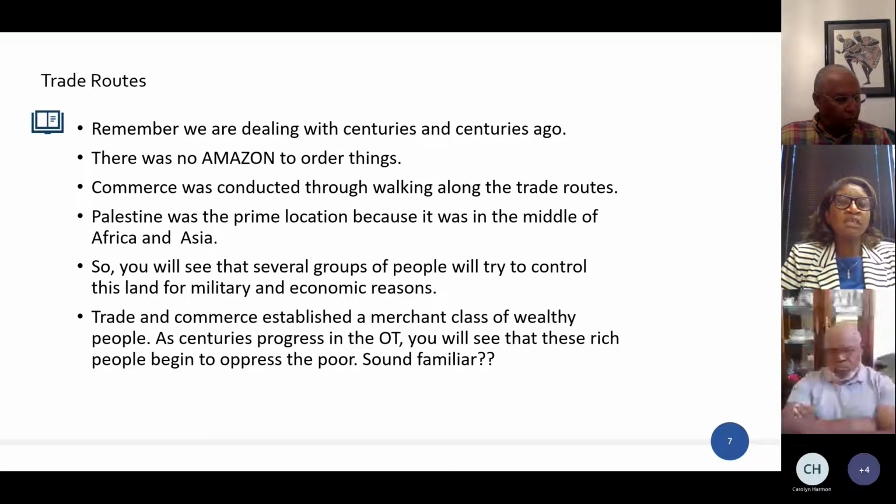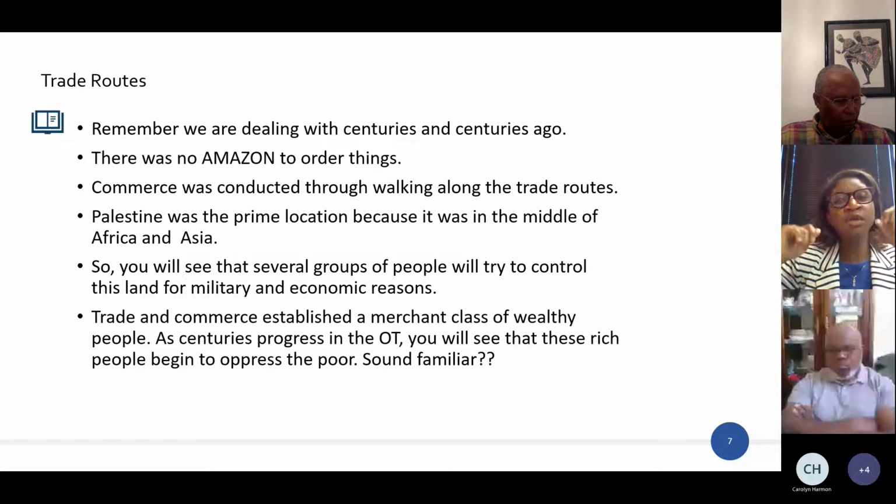You're going to see this power struggle towards the end of the Old Testament. A lot of the major and minor prophets start to speak out against the wealthy people and tell them, look, God is not pleased with you. You have all these riches, and you're beating up on people and hurting people, and you're not supporting the temple and things like that.